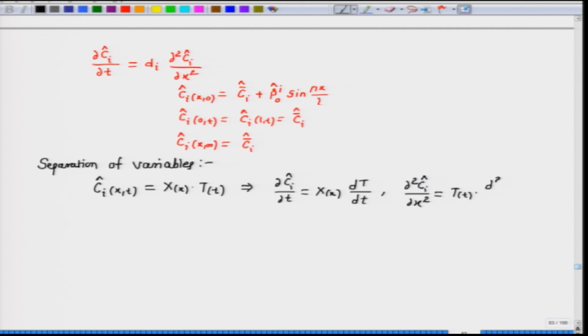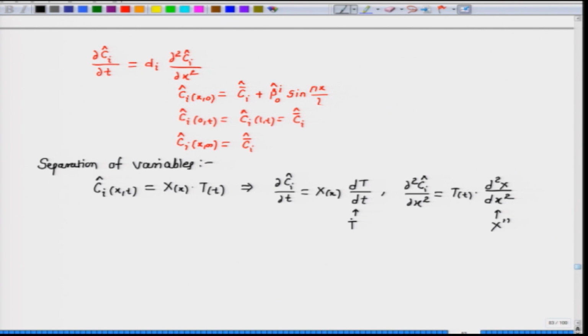The derivative with respect to t we usually denote with a dot on top of the function. The derivative with respect to x we denote by a prime, so double prime for the second derivative.